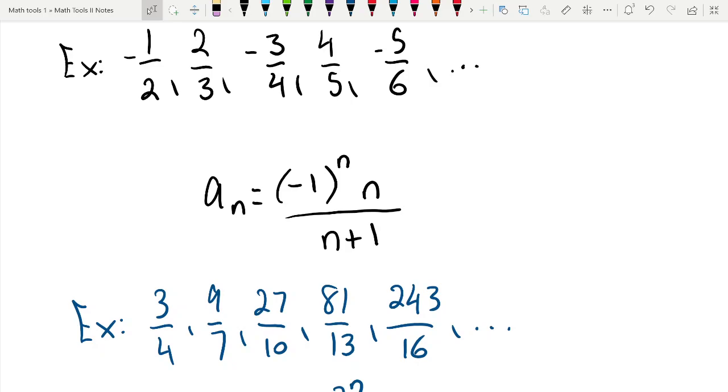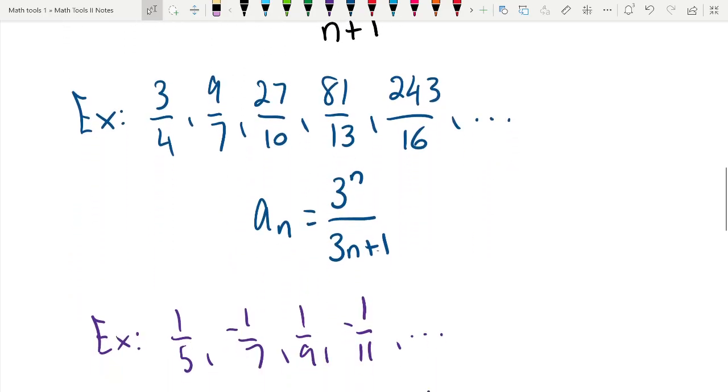But the negative one is going to make it continuously flip-flop between positive and negative. So it's not arbitrarily getting closer to one particular number. It's arbitrarily getting closer to -1 or 1, depending on where you're looking. So in this case, we would not say that it's convergent.